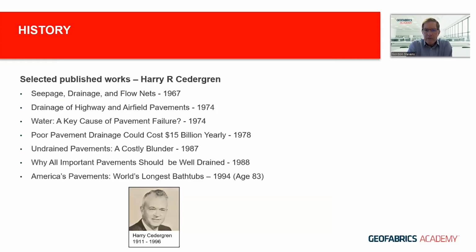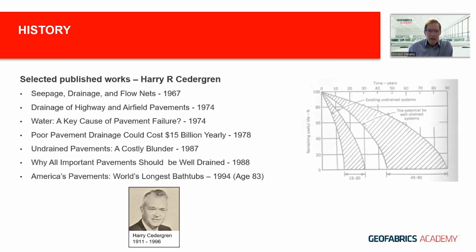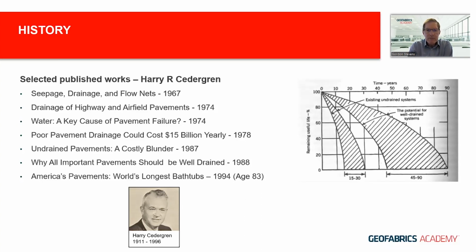Harry Cedergren from the United States is an acclaimed, or was an acclaimed, civil engineer for his work in the area of seepage analysis and drainage design, and published numerous works on the subject. And what we can see are some charts showing the performance of pavements, both poorly or undrained systems and well-drained pavements.